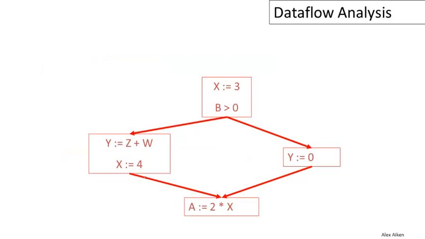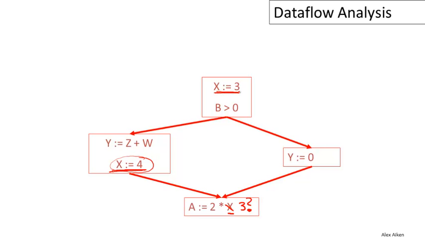Now, it turns out that there are some situations in which it's not safe to propagate constants. So here again, let's observe that we have an assignment of a constant to x, and down here we have a use of x, but we cannot replace this x here by 3. And why is that? Well, that's because over here we have another assignment to x where x gets the value 4. And the interesting thing about this example is that x is only assigned constants.